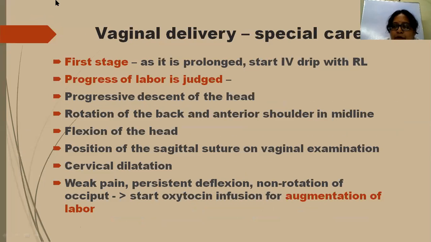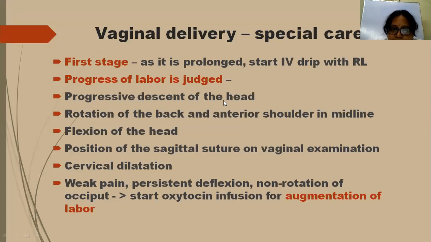So how do you do vaginal delivery? What are the things you need to take care of when you are doing a vaginal delivery for such a patient? During the first stage, as it is prolonged, you need to start an IV drip with RL, and the progress of labor should be judged.